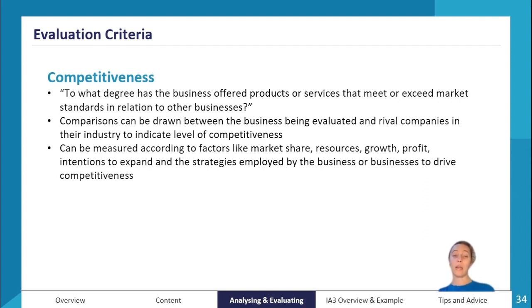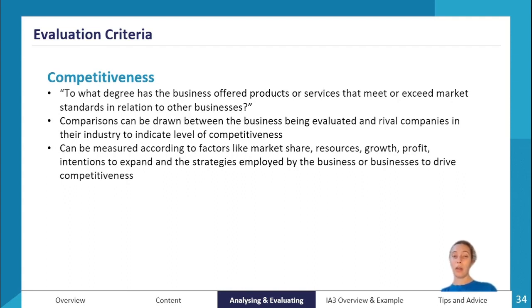So competitiveness. Now, these evaluation criteria would be something that you hopefully would be familiar with by now, because this is something that you would have been doing throughout your business studies so far, whenever you're doing that evaluation, be it in an assignment or an exam.